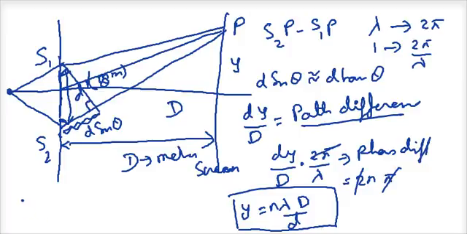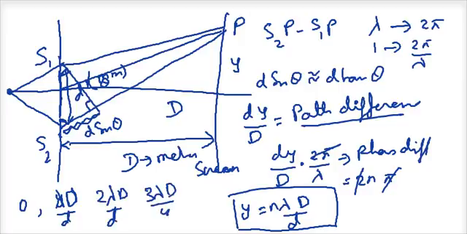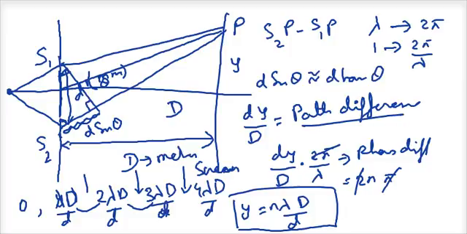So the first point will be 0. The second point will be lambda D by d. The third point will be 2 lambda D by d. Then 3 lambda D by d, then 4 lambda D by d, and so on. And in between these, I have a minimum. So what actually happens on the screen looks something like this.